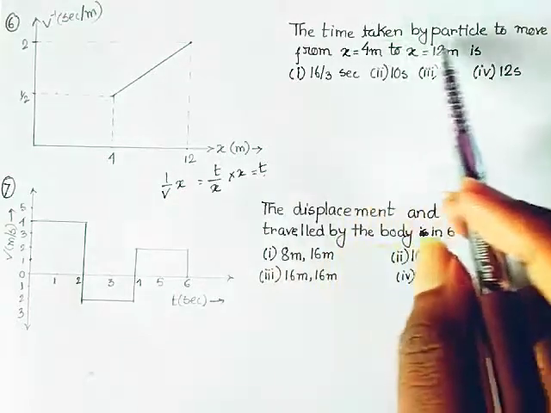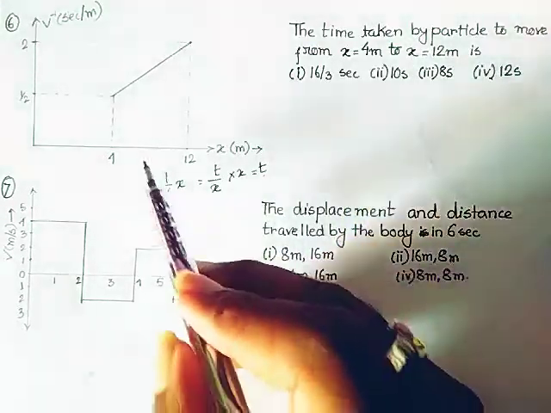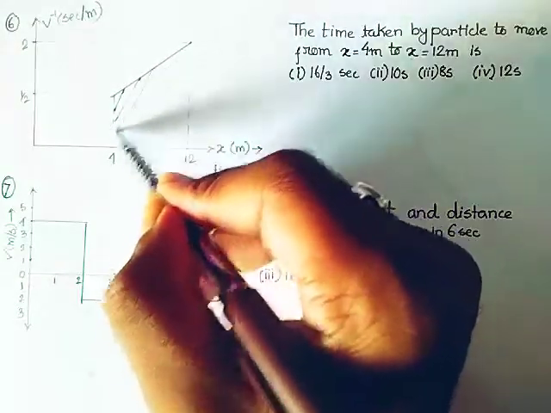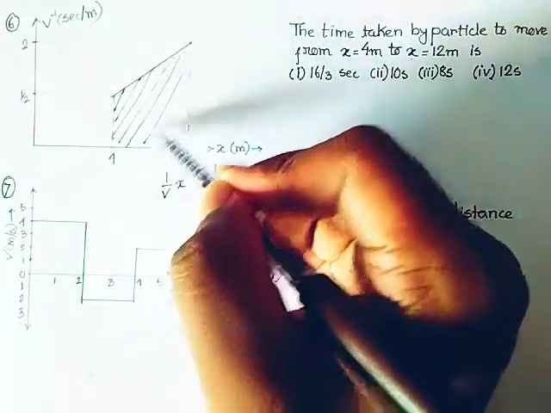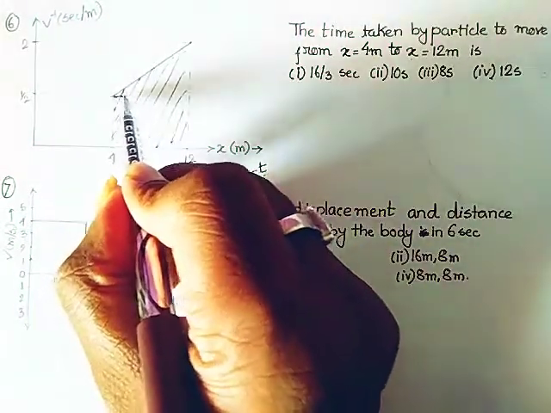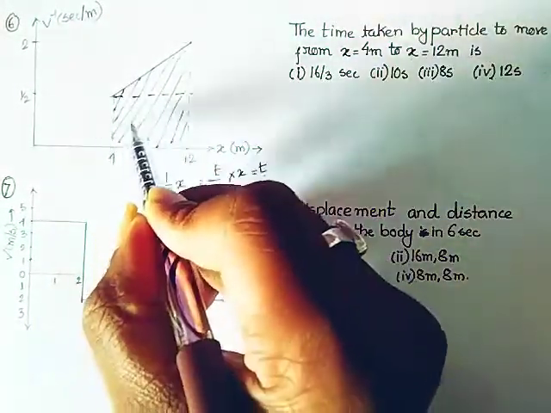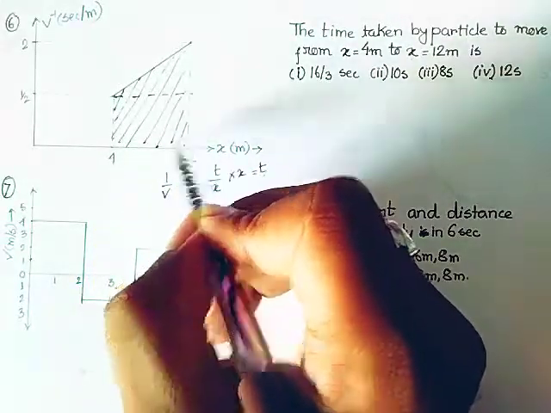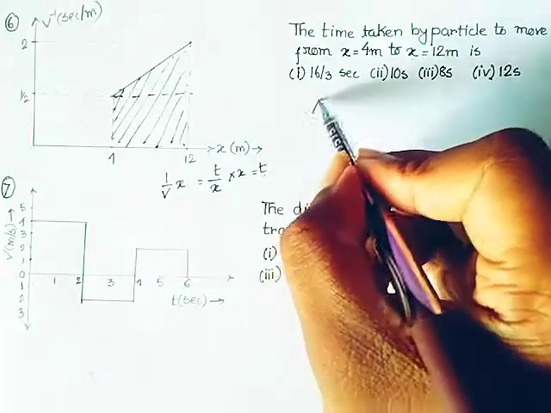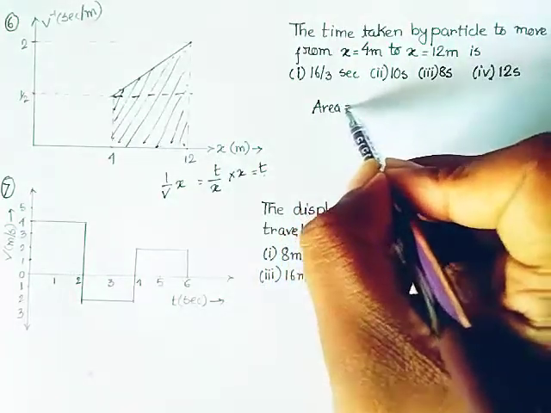So the time taken by the particle in moving from x equal to 4 to 12 is basically the area under this curve, and this area can be separated into two parts: this one is a rectangle, and this is a triangle. If I calculate the area of the curve, we get the time.